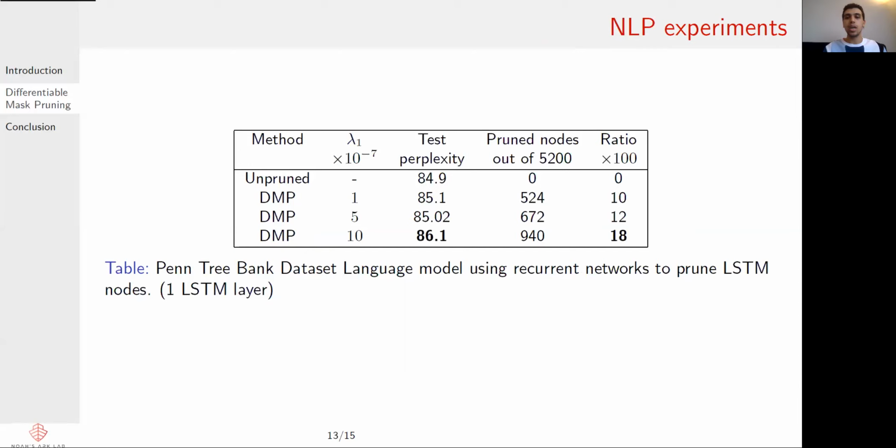We are able to compress it by 18% while only increasing the test perplexity by 1 point, which is quite good because the 1-layer LSTM is underfitting on the Penn Treebank dataset, but we are able to keep the accuracy close to the original one.